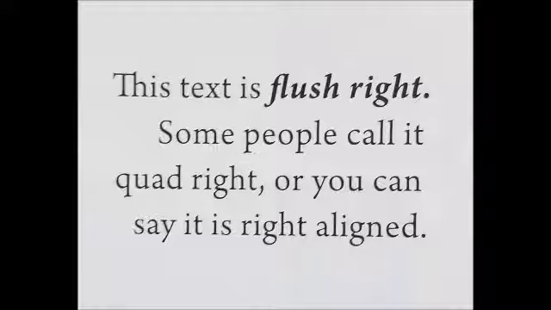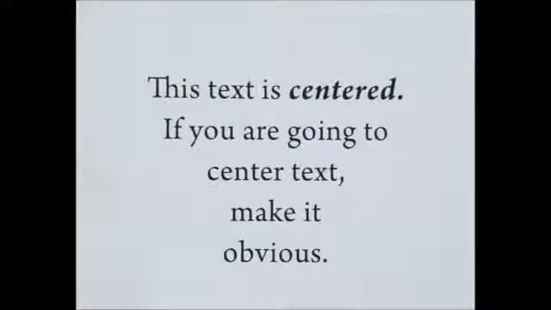And although the viewer's eye must find a new starting point for each line of text, the end point for each line is right aligned on an edge, so small to medium amounts of text can be effectively read when they are right justified. This bottom example text is the centered alignment, and again is best used with only a small amount of text because the viewer's eye must work harder to find both the start and end points for each line of text, creating unnecessary cognitive load, especially for learning items.